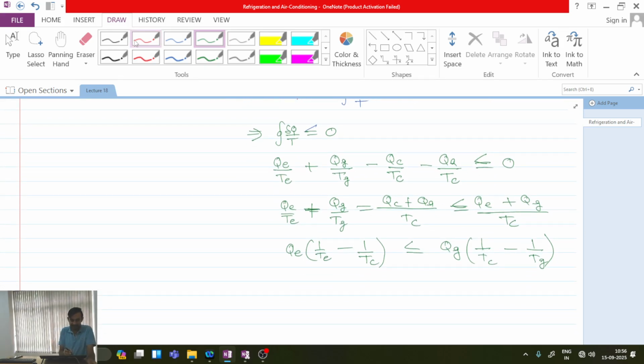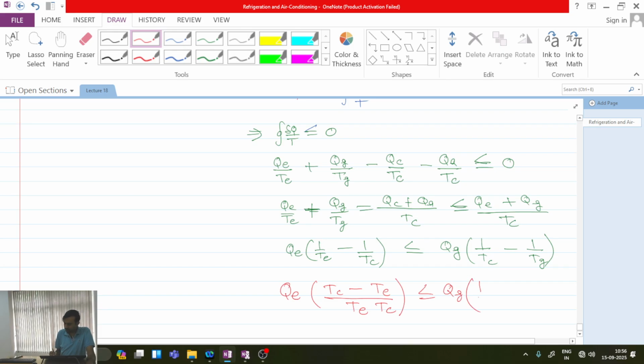What I will get out of this: QE into TC minus TE divided by TETC is less than or equal to QG into TG minus TC divided by TC TG.